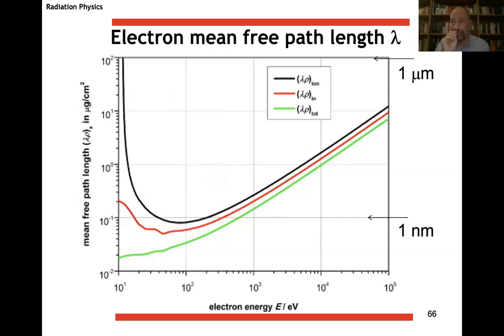And this is interesting because you can imagine that they have a very high probability of doing ionization, and their mean free path is in the order of the thickness of the DNA. So it's very likely that they induce damage in the DNA in both strands, inducing what is known as a DNA double-strand break, which is the most important lesion for radiation biology, and then for radiation protection and for radiation therapy.